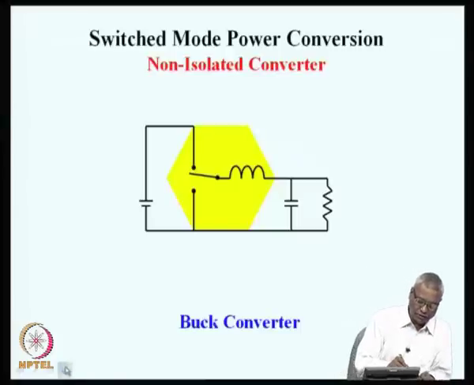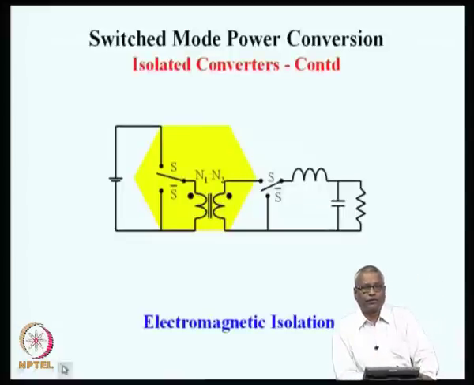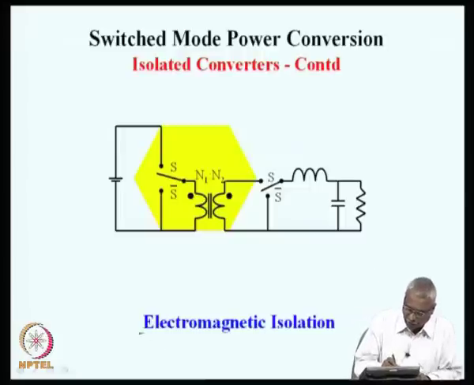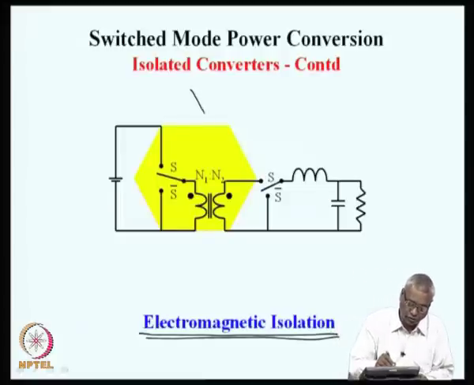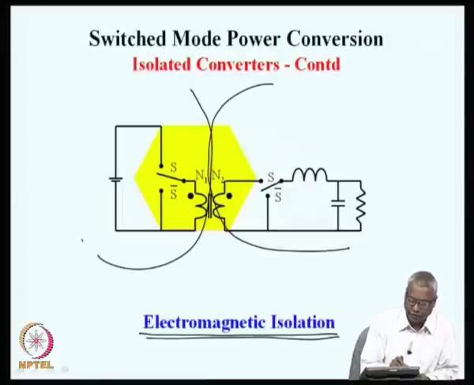And then in the last lecture, we introduced the idea of isolated power conversion, and we had seen that the isolation is obtained by an electromagnetic process of decoupling the source side potential and the load side potential.